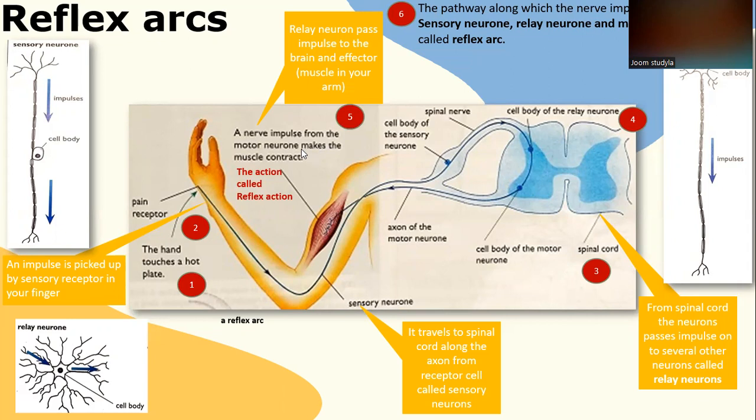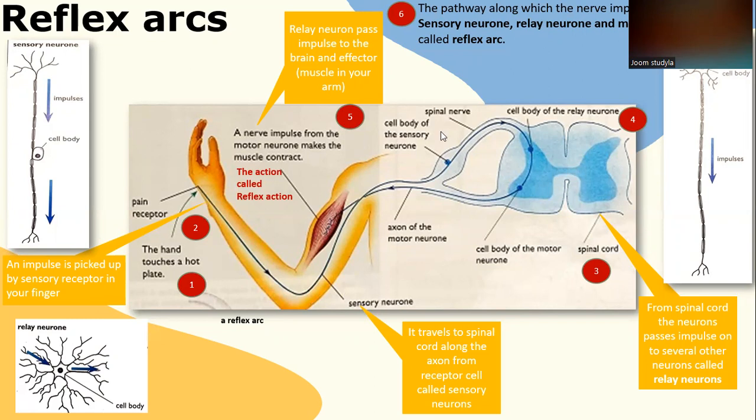And then a nerve impulse from the motor neuron makes the muscle contract. And this action is called a reflex action. So the pathway along which the nerve impulse passes, the sensory neuron, relay neuron and motor neuron, is called a reflex arc.